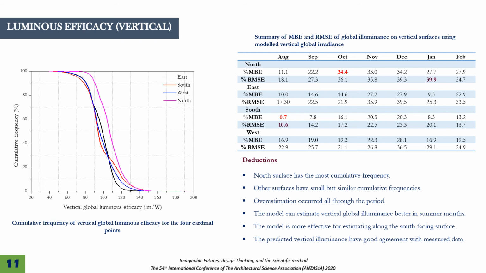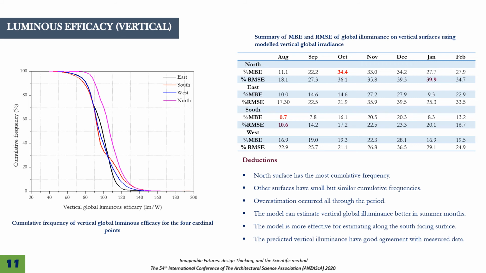To achieve the last objective of this study, which is to estimate global illuminance on the vertical surface, we estimated vertical global illuminance using the proposed model, and then we did a comparative analysis with measurements of vertical illuminance made within this period. The deductions made show that overestimation occurred all through the period, and this ranged from 0.7% in August to 34.4% in October. Also, the percentage root mean square error ranges from 10.6% in August to 39.9% in January.